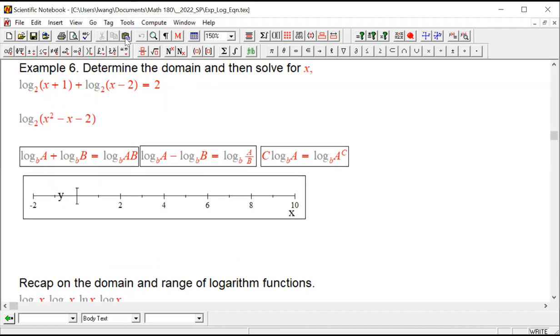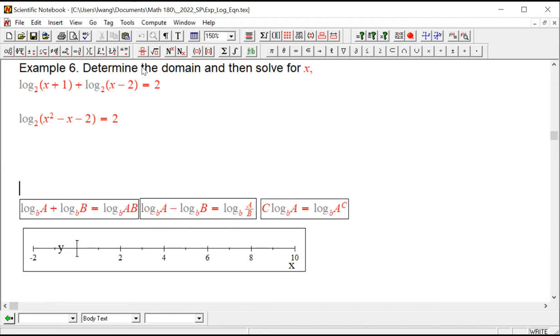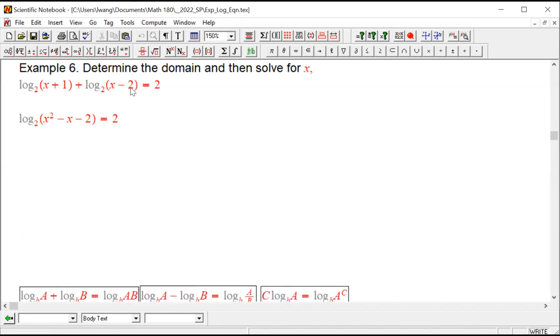Then you may say, they should have the same solution, aren't they? My answer to that is no. What makes the big difference? In comparison to example number 5.